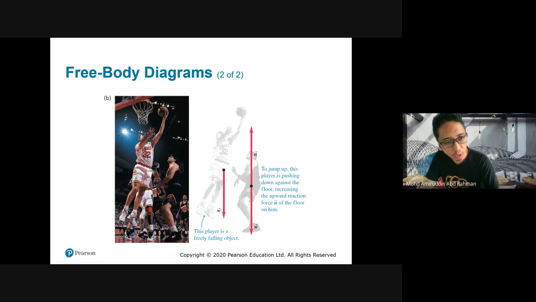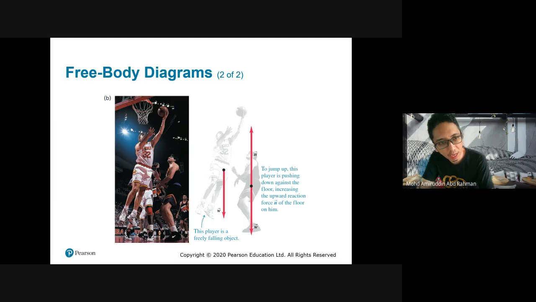So what he needs to do, he must jump, right? To get as high as possible, that player must first push his feet down on the ground, which will increase the upward reaction force from the floor on him.